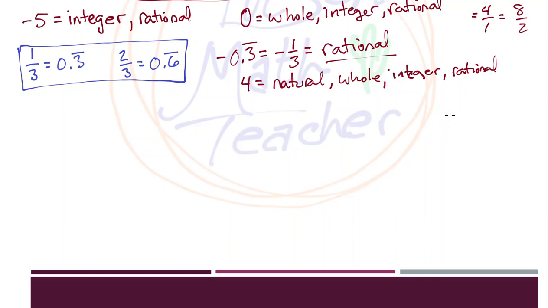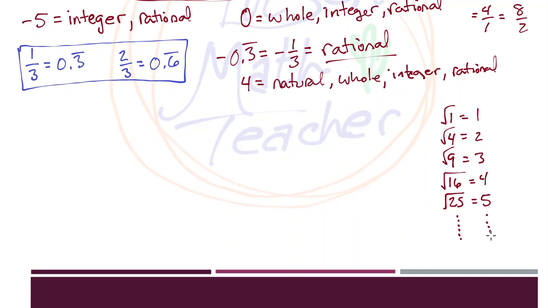So 1 squared is 1, 2 squared is 4, 3 squared is 9, 4 squared is 16, 5 squared is 25. So the square root of 1 is 1, square root of 4 is 2, square root of 9 is 3, square root of 16 is 4, and the square root of 25 is 5. And we can keep on going with this list.